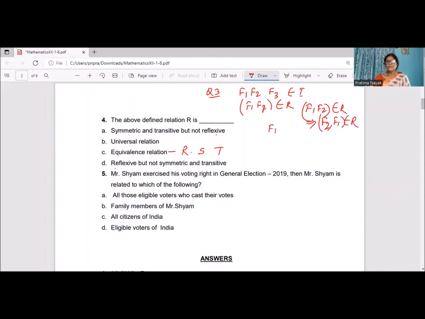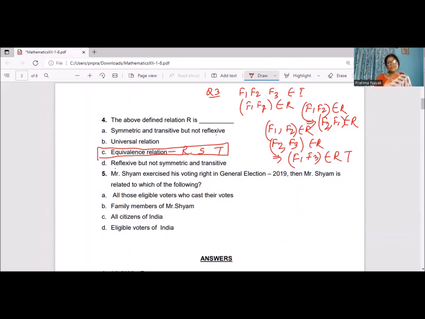Similarly, if (F1, F2) belongs to R and (F2, F3) also belongs to R, this implies that (F1, F3) also belongs to R. So this is transitive also. So this is an equivalence relation. The relation which is reflexive as well as symmetric as well as transitive is an equivalence relation.